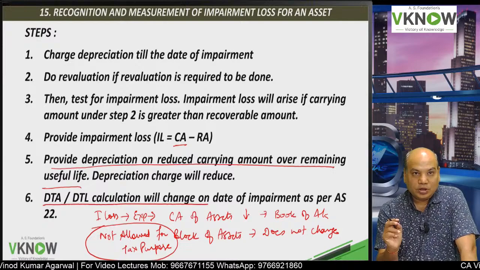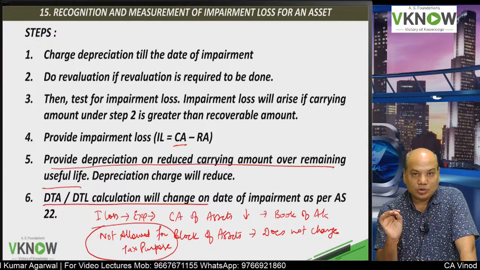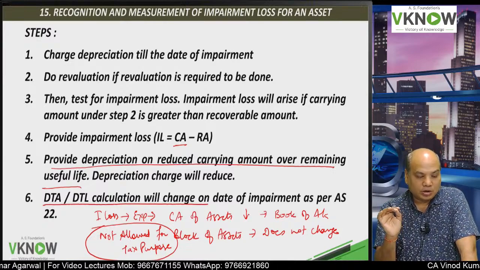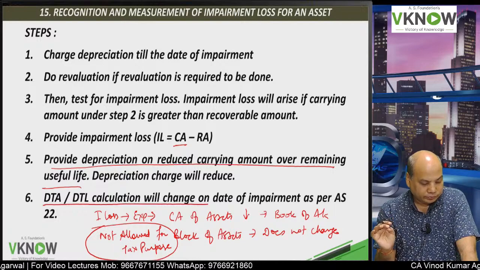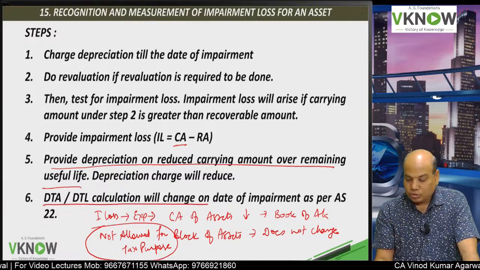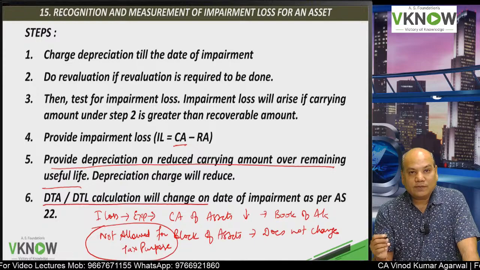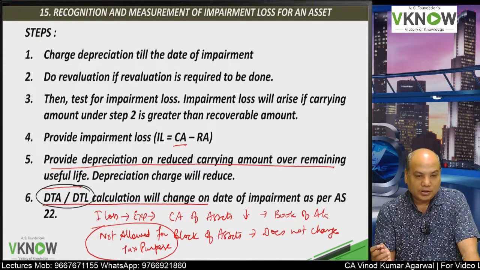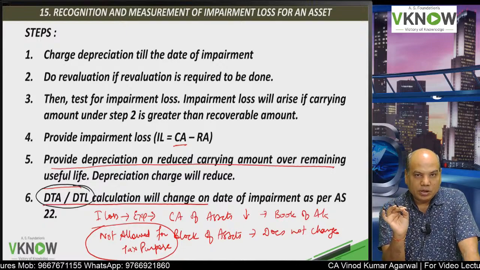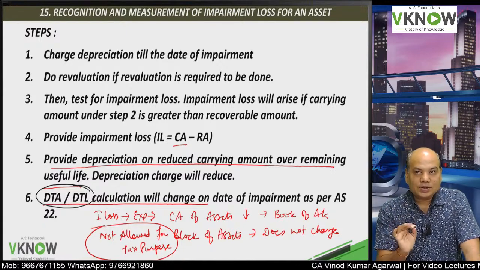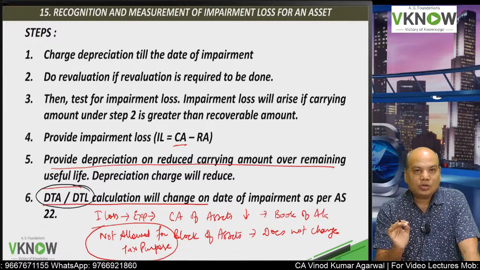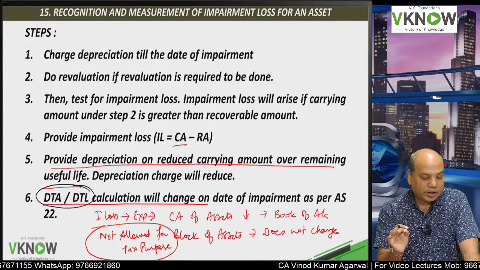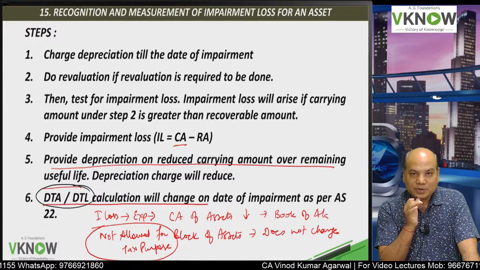The answer is no, because income tax allows only depreciation based on historical cost. So it will give rise to deferred tax asset or deferred tax liability, because you have provided impairment loss in the books but it is not allowed for tax purpose.